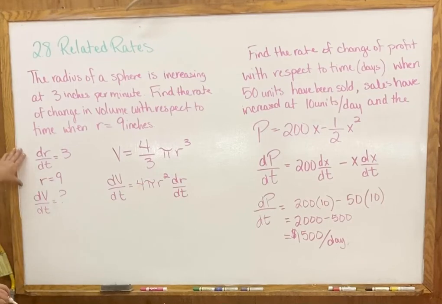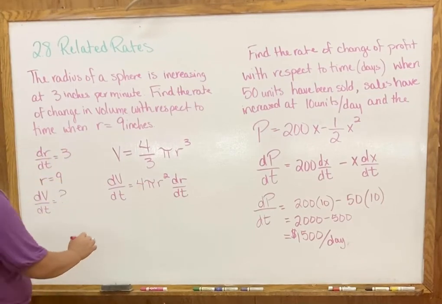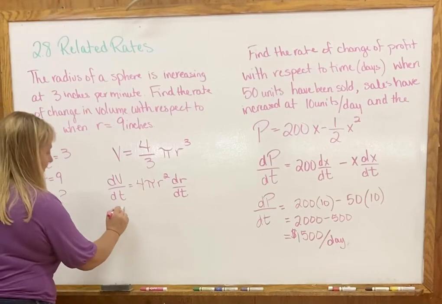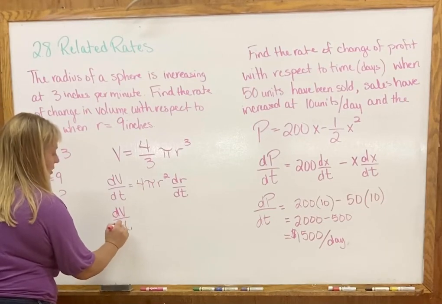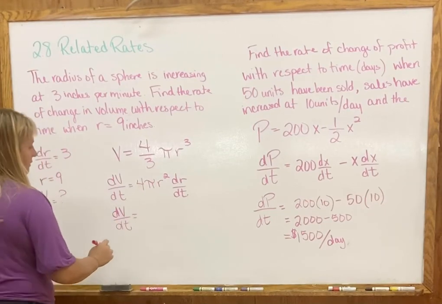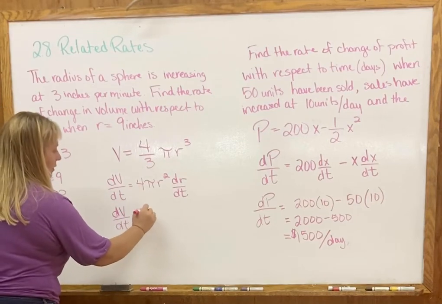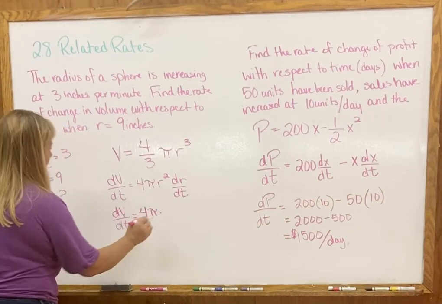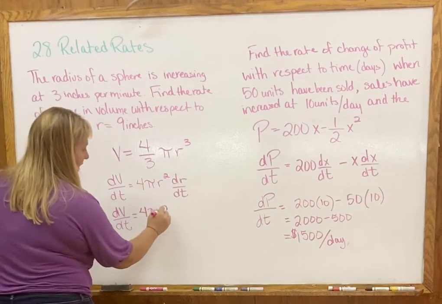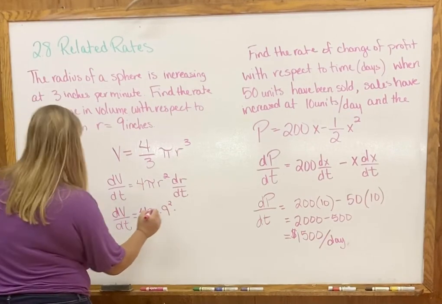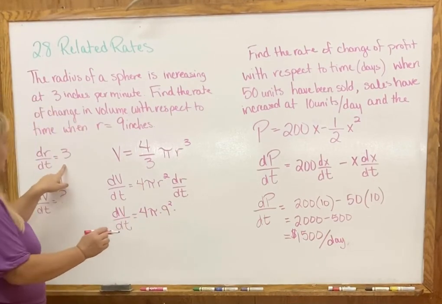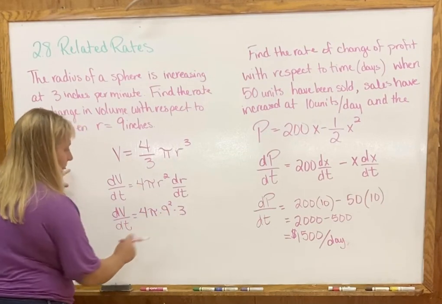Alrighty, so now we can plug in the pieces of information that we have, and we can hopefully find the change in volume. So we'll say 4 pi times radius, which was 9, so 9 squared, times the change in the radius, which was 3.